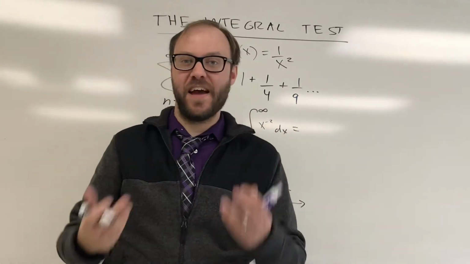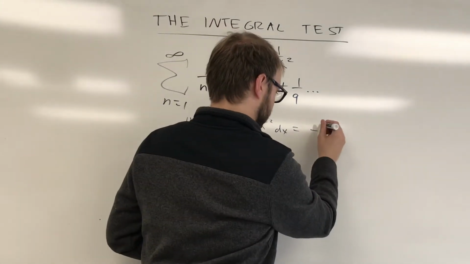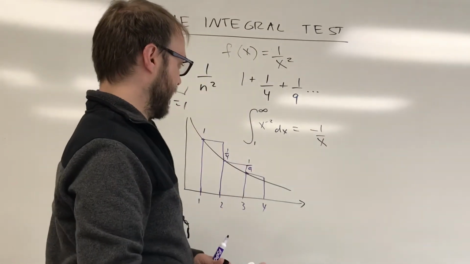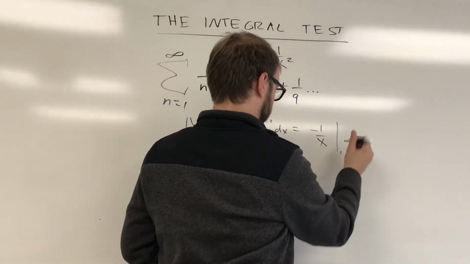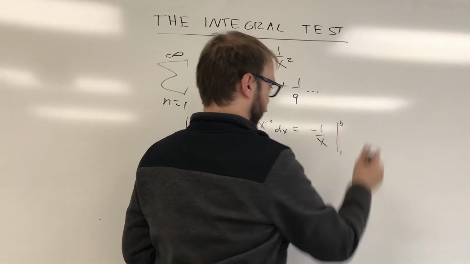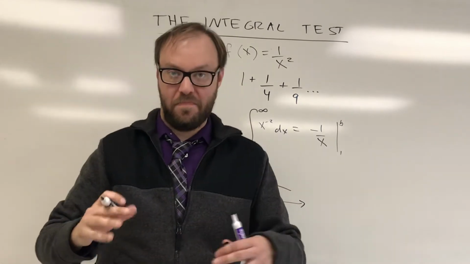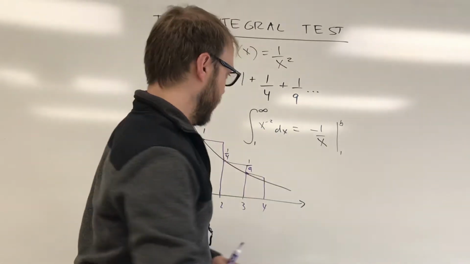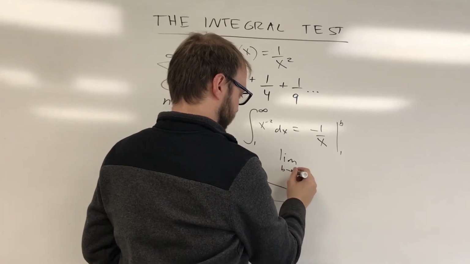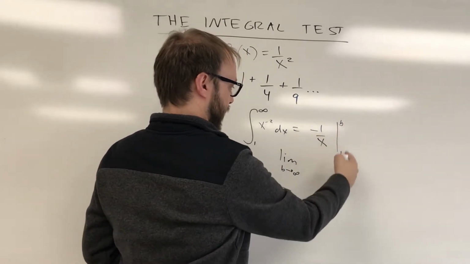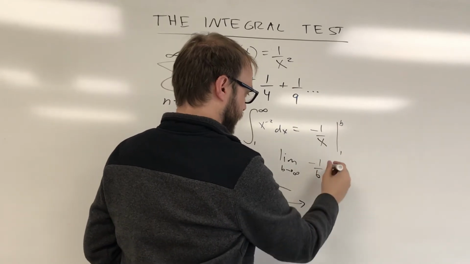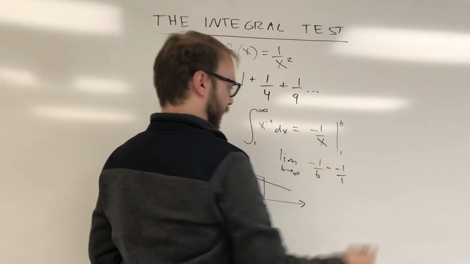You're going to get negative x to the -1, which is -1 over x, okay? And if you remember, you're really taking the limit of this. We're evaluating it between 1 and b because infinity is not a number. And so I can take the limit of this as b approaches infinity, apply the fundamental theorem here. That's going to be -1 over b minus -1 over 1.